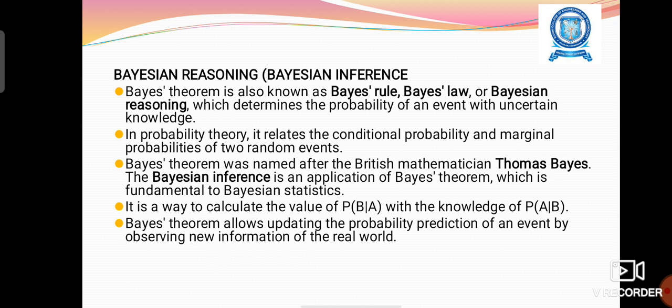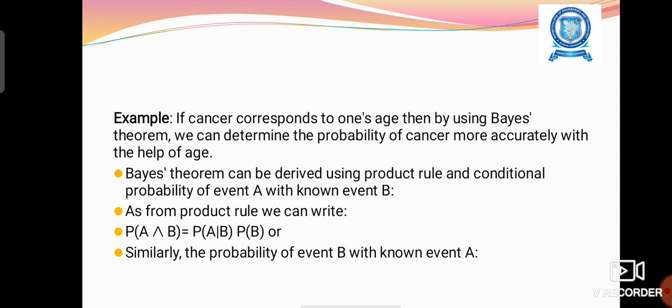Reasoning with the Bayes theorem is called Bayesian inference or Bayesian reasoning. It uses the conditional probability and marginal probability of two events. It is a way to calculate the value of P(A|B) with the knowledge of P(B|A). For example, if a disease like cancer is related to the age of the person, we can determine the probability of cancer more accurately with the help of age.